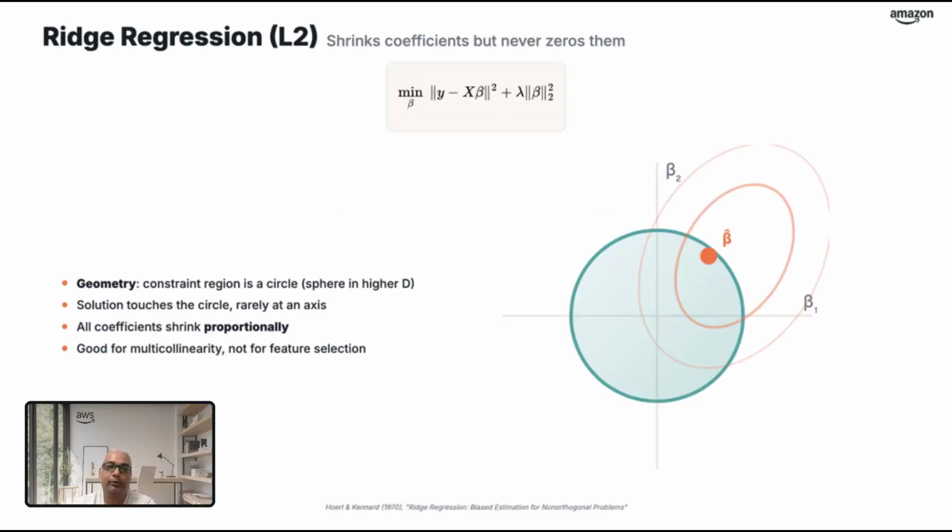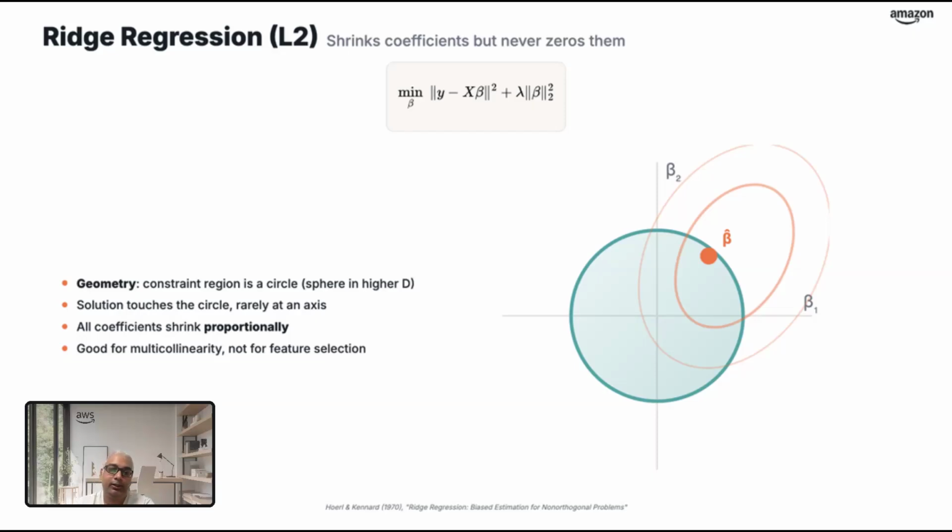So I'll go into slightly more detail for ridge regression. In ridge regression, we are adding an L2 regularization term along with the original training loss. We can think of this as a constraint that is a smooth circle with no corners on the axis. So the solution almost never has any coefficient that exactly becomes zero.